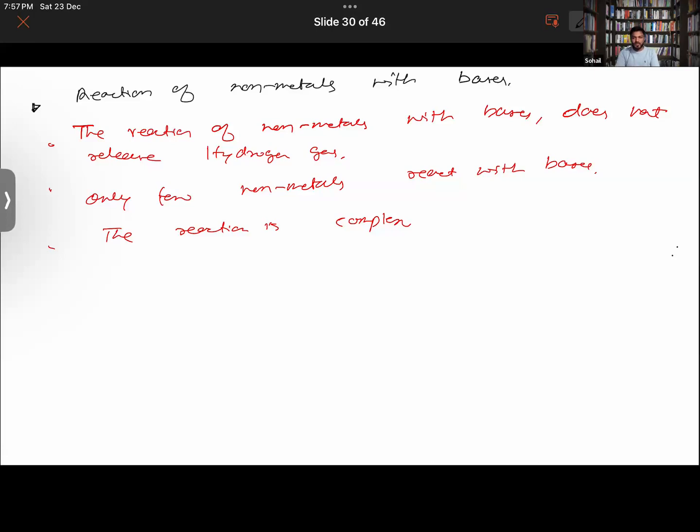Before that, a common thing you should know: whenever an acid reacts with a base, salt and water are formed. It also becomes neutral. Since the reaction of the acid and base nullifies their properties, they both become neutral and hence you get salt.